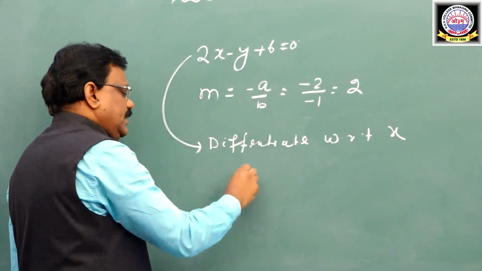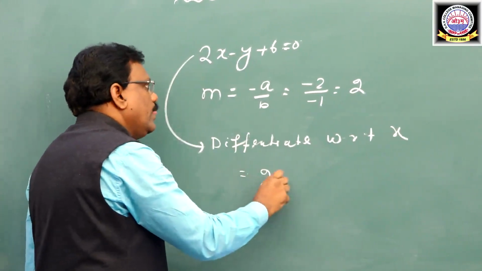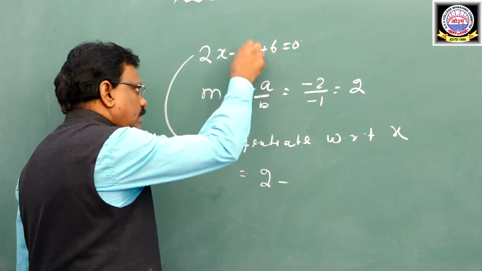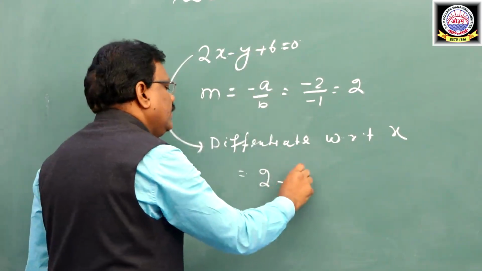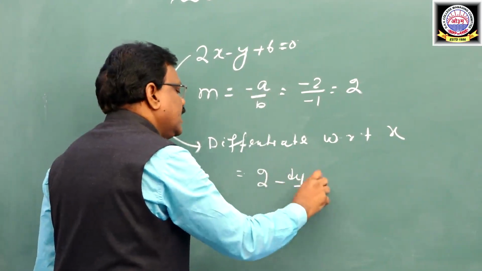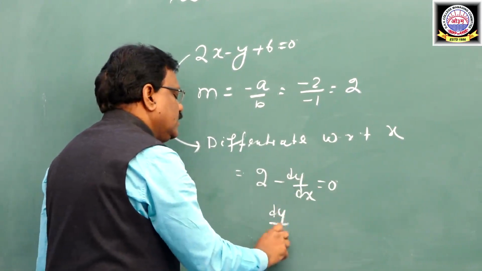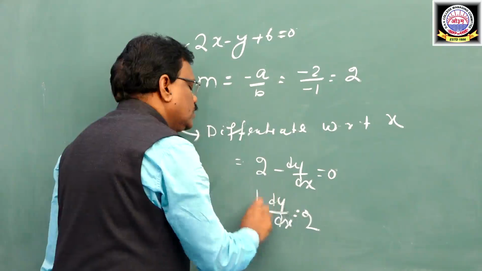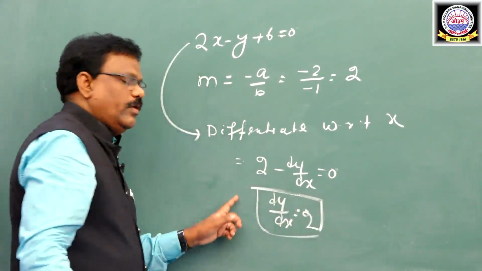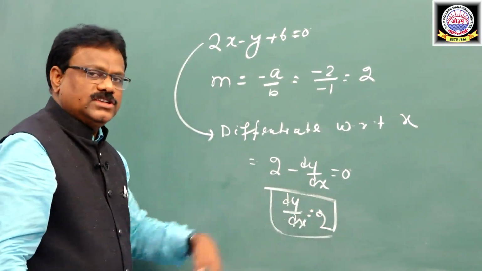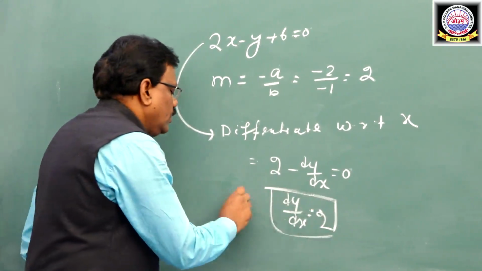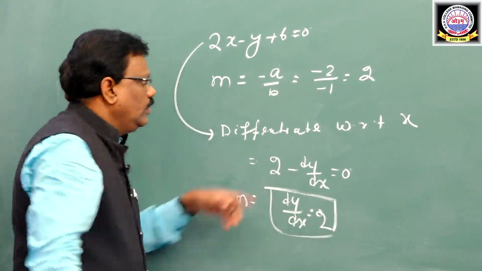The derivative of 2x is 2, minus the derivative of y, which is dy by dx, and the derivative of the constant is 0. So dy by dx is equal to 2. The point is not there, directly the constant is coming. So here the slope is equal to 2.